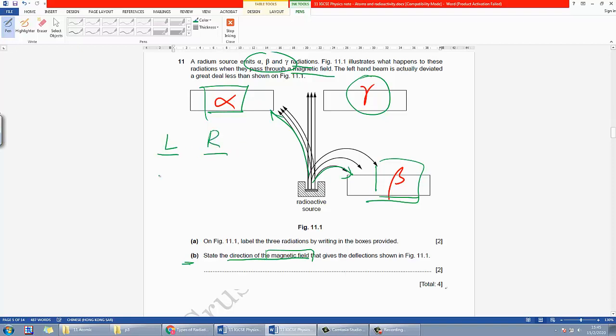L is left and R is right. Left hand is for motor, and right hand is for generator. And I think I told you in the class how to link the word left to motor, R to generator, so I'm not going to repeat it again.